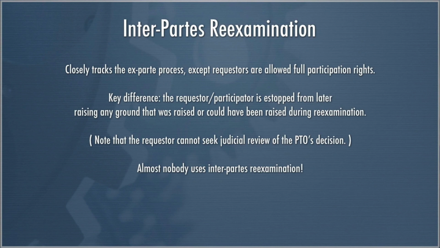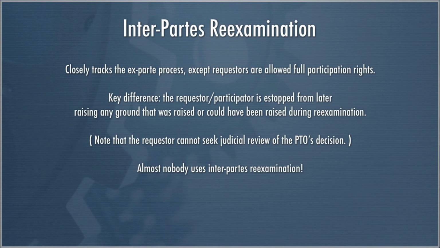And the practical effect of this is that nobody really uses inter partes reexam. Right? Which I think is a pretty strong statement about the faith that people have in the PTO's decision-making process. Right? That they're too afraid to lose their rights to defend themselves in court by arguing the invalidity of the patent to use this process.